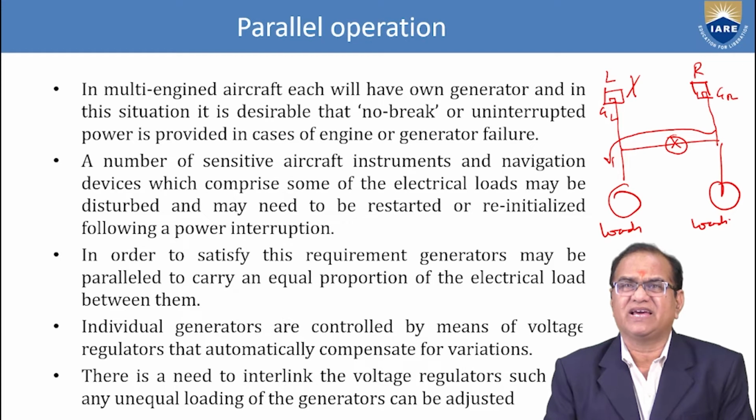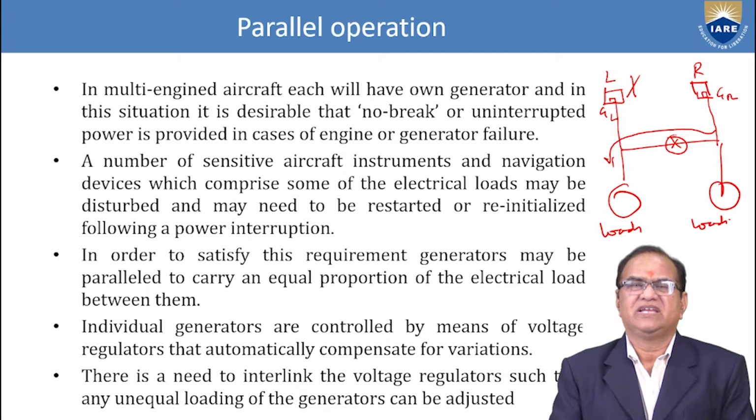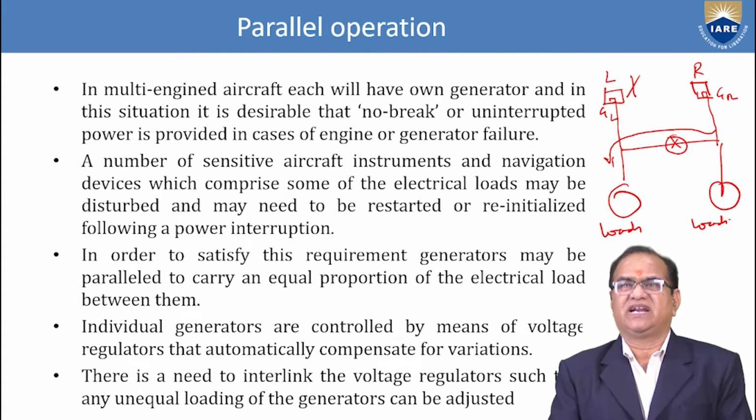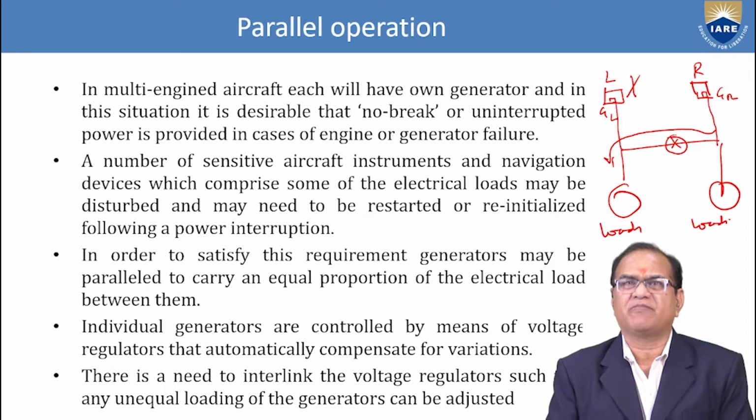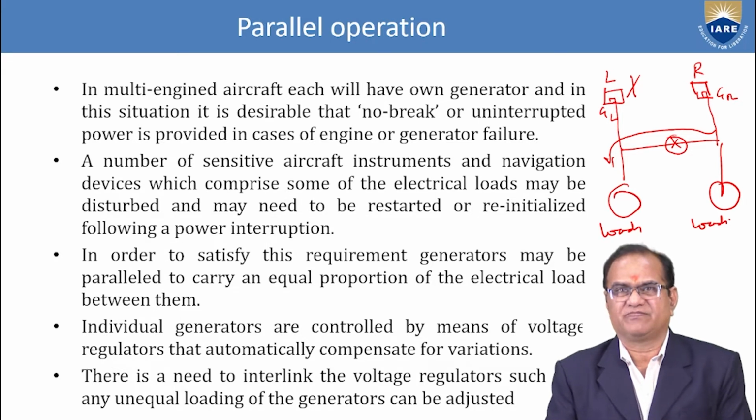So in multi-engine aircraft, each will have its own generator, and in this situation, it is desirable that no break or uninterrupted power is provided in case of engine or generator failure.